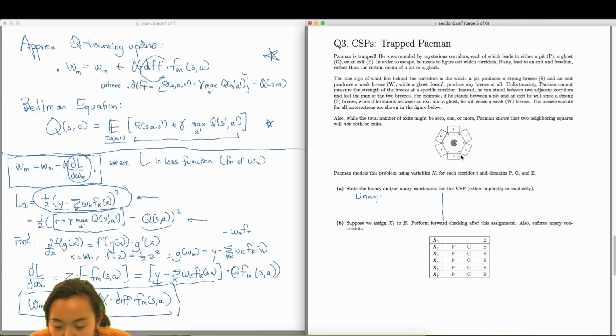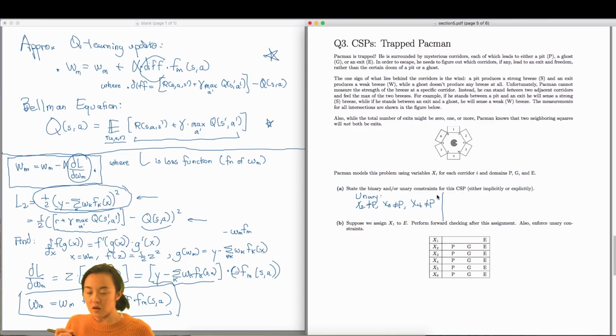There would be s's here. And then x4 cannot be a pit either. So we can write x2 is not equal to pit, x3 is not equal to pit, x4 is not equal to pit. And those are the only unary constraints that we can find.